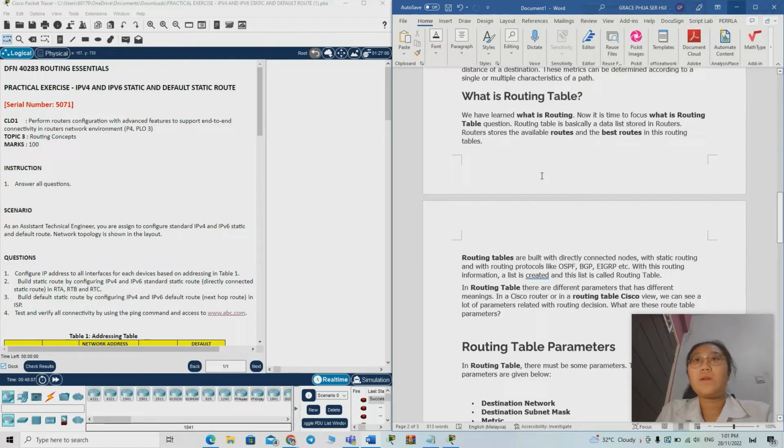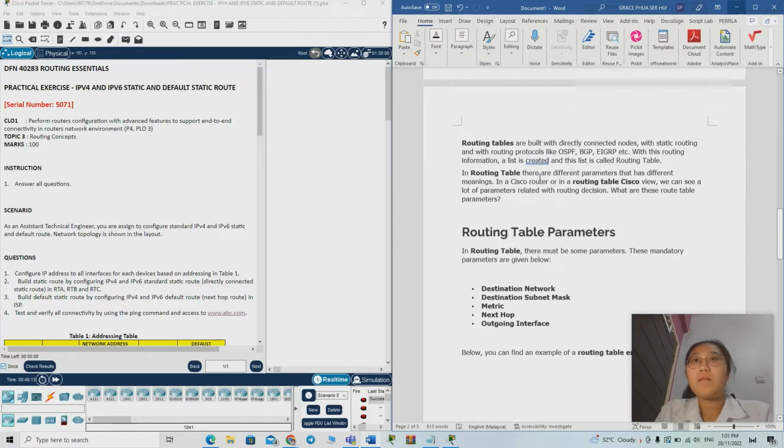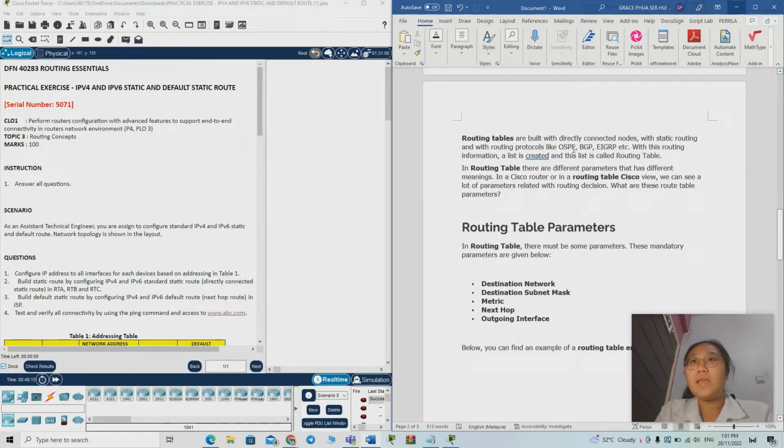We have learned what routing is, so now it's time to focus on the routing table. Routing tables are built with directly connected nodes, with static routing, and with routing protocols like OSPF, BGP, EIGRP and others. With this routing information, a list is created, and this list is called the routing table.